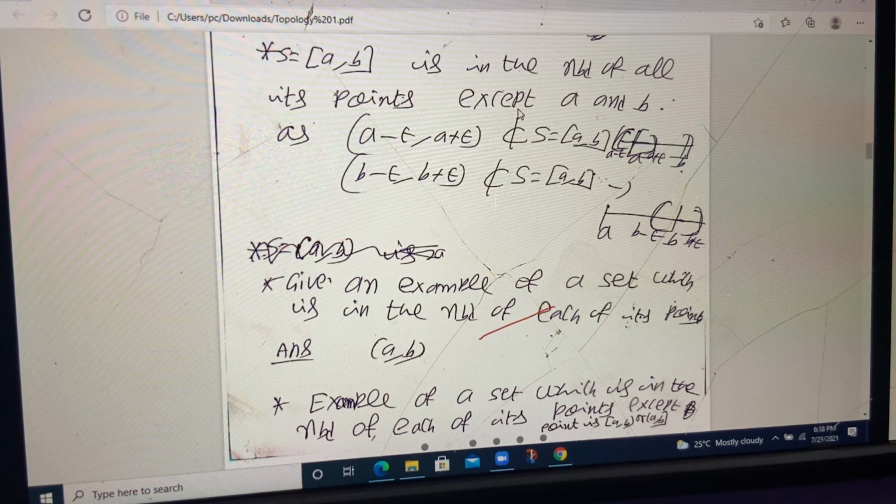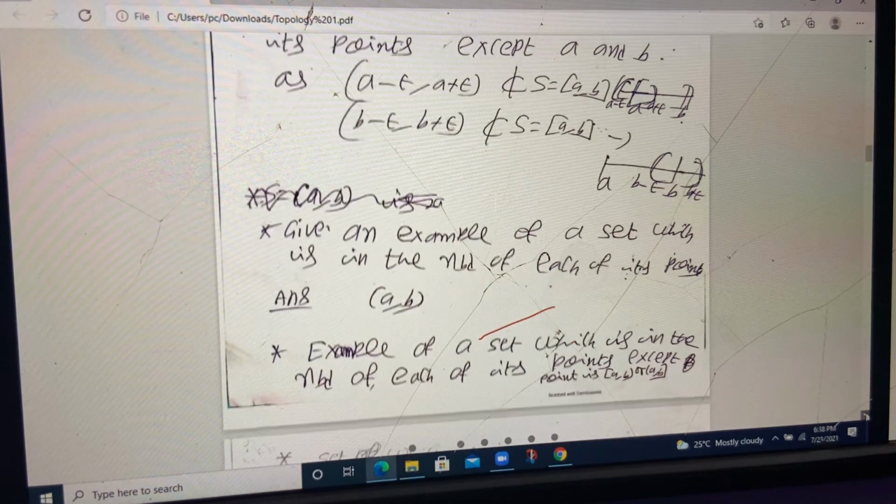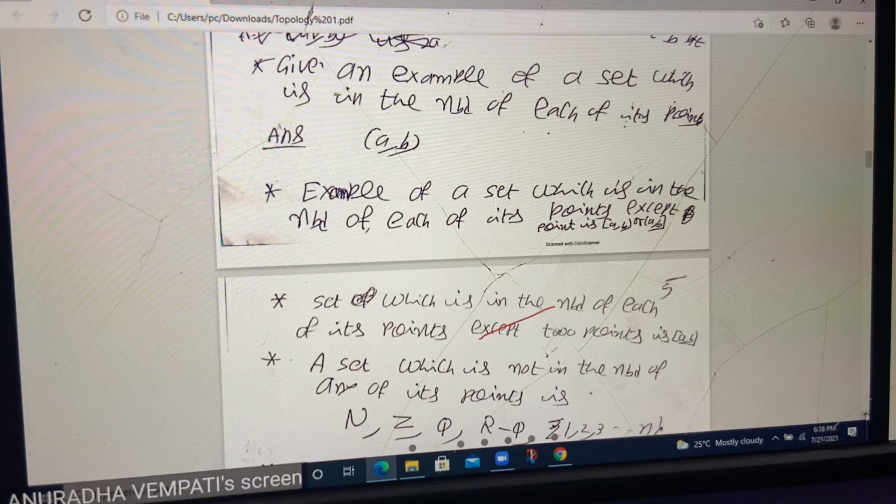Okay. Next. Give an example of a set which is in the neighborhood of each of its points except one point. Except one point means end point. A is not an interior point, semi-closed. This is also an example because every point of the set is an interior point except one point, the end point; remaining all are interior points.